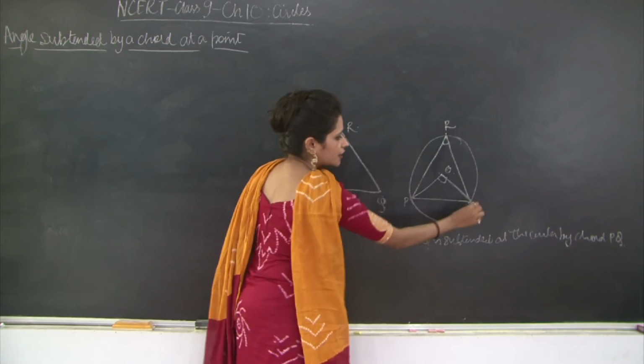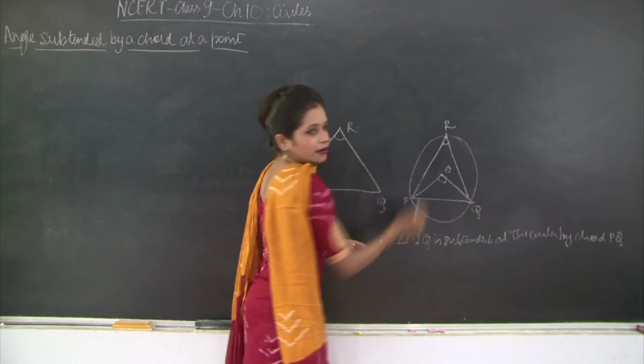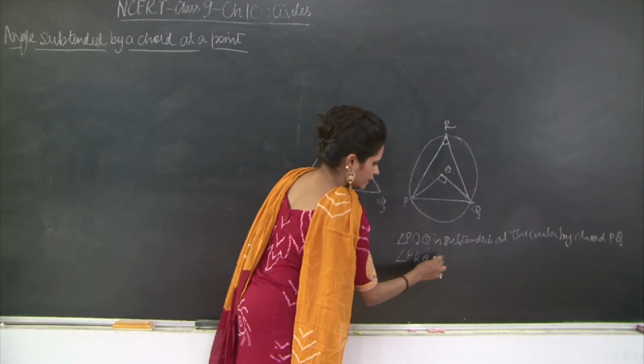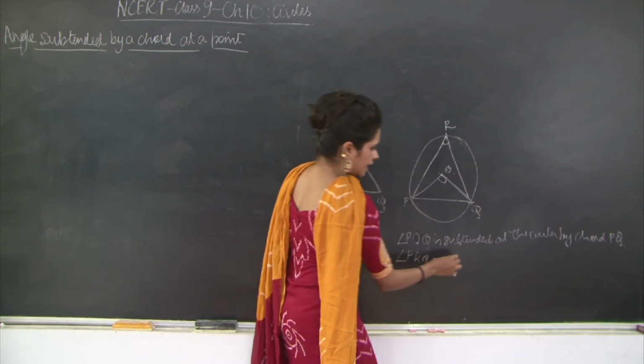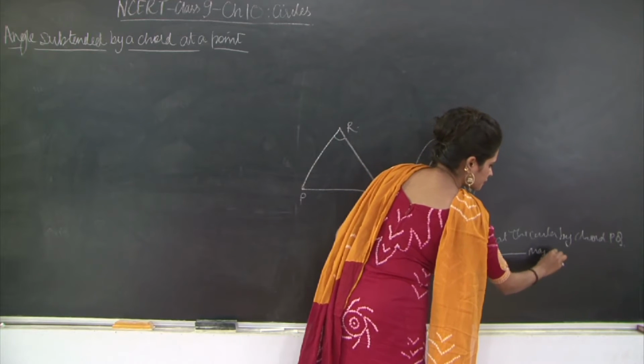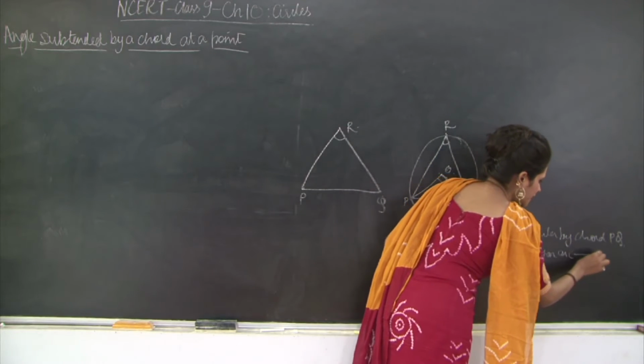So angle PRQ is the angle subtended by PQ on the major arc. So angle PRQ is subtended at the major arc by chord PQ.